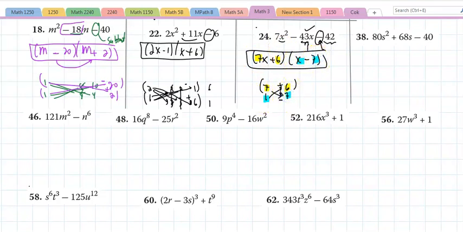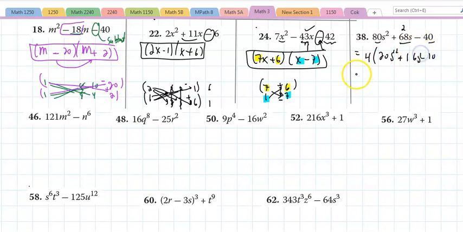Here, I notice on number 38 there is something common. They're all even. I could take a 2 out, but I notice that's a 40, that's a 34, I could even take a 4 out, maybe more. 80 divided by 4 is 20, and 4 divides 6 one time, you have 24 left. 4 divides 18 6 times, and 4 divides 40 10 times.